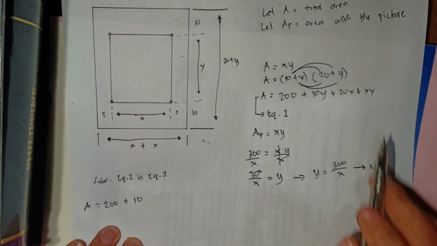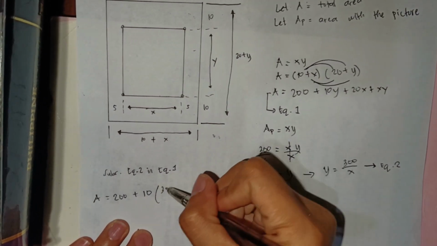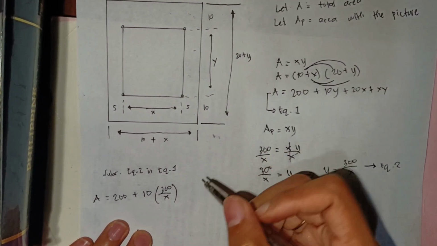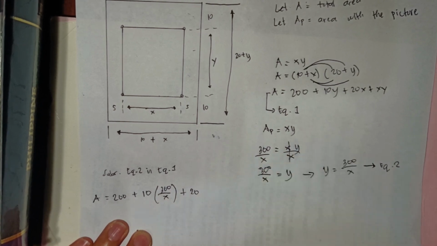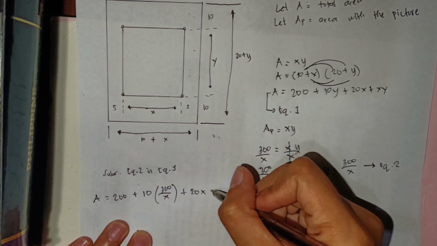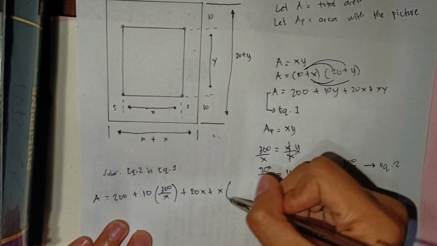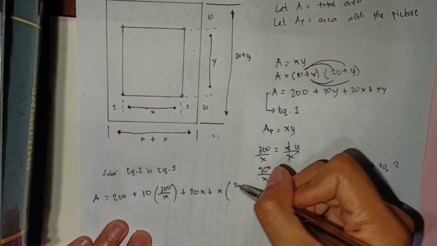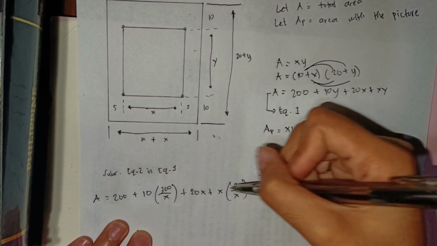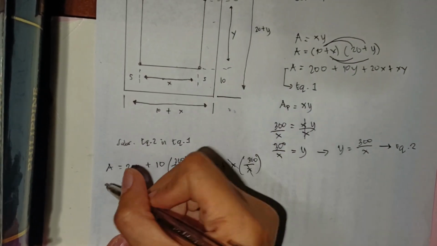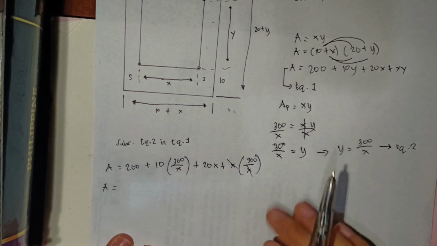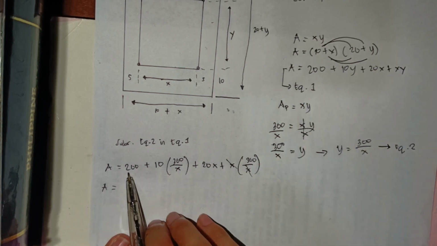Since y is 300 over x, plus 20x plus x times 300 over x, so the x cancels. Now add 300 and 200 here.